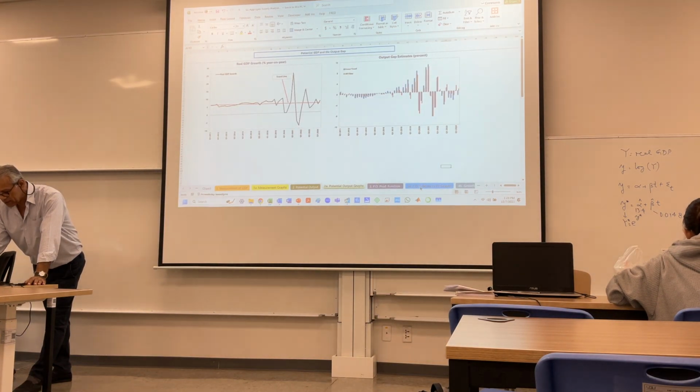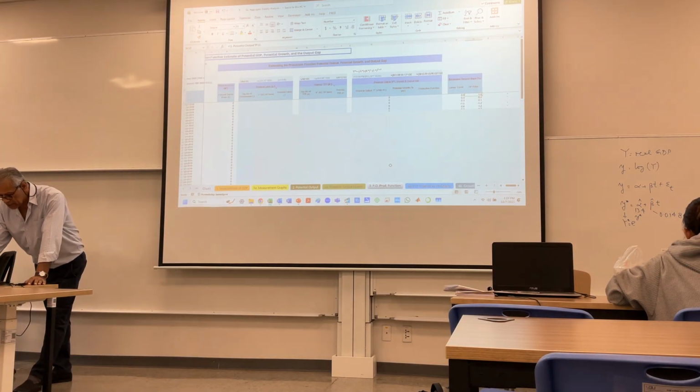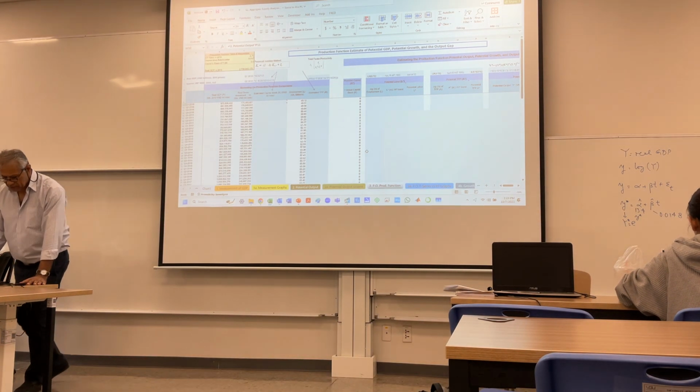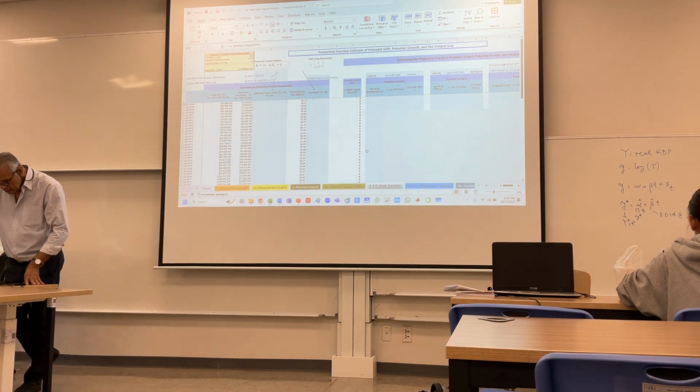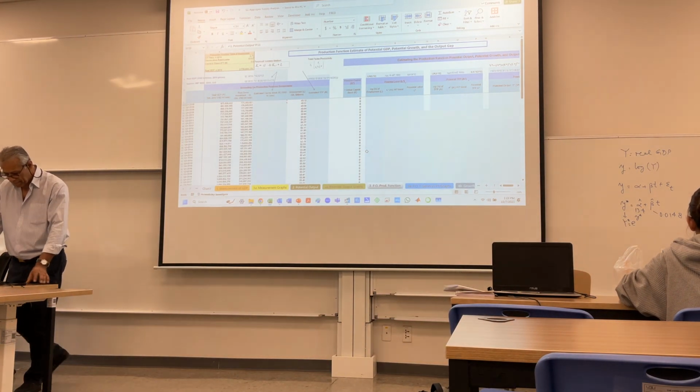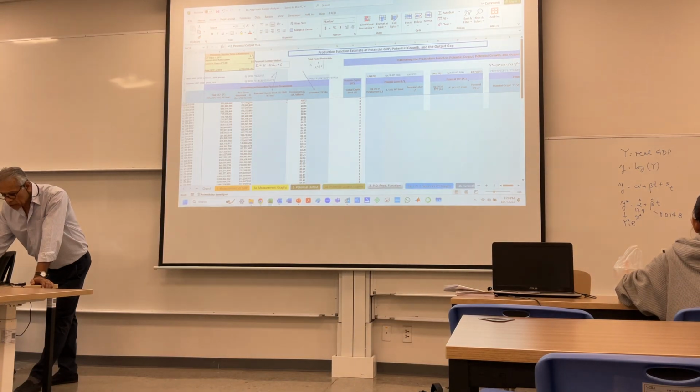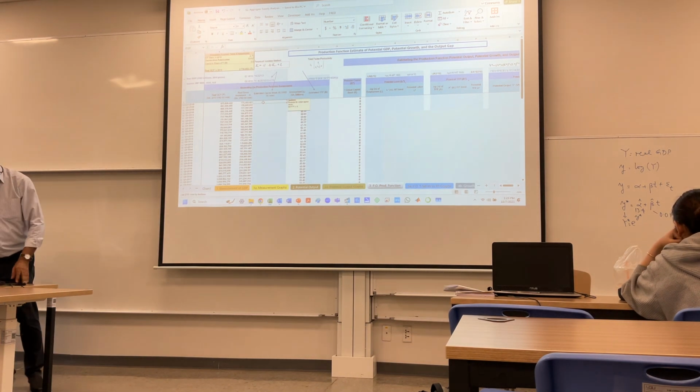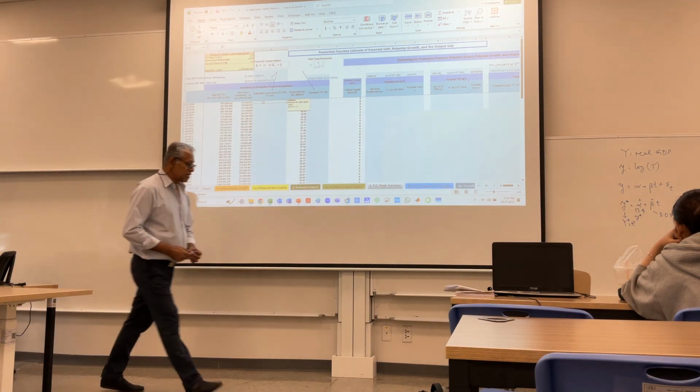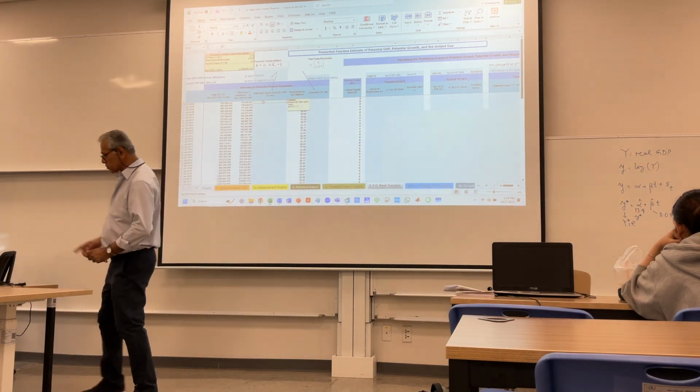Let's go back to our Excel file, and in the sheet which says PO production function, potential output production function, we have in the first two columns real GDP, and we have gross investment on a seasonally adjusted basis, which has been collected for you from some other sources. Okay. So how do we get a series for capital stock out of this data?